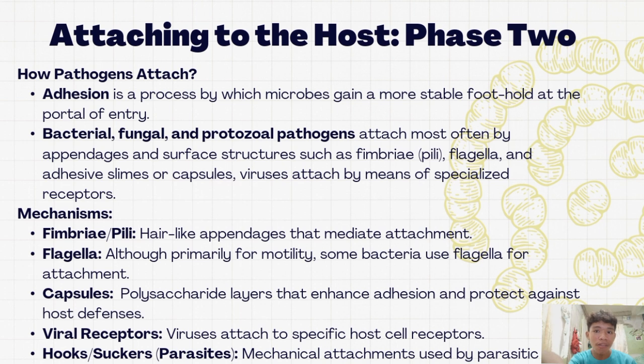So, although flagella are mainly used for movement, some bacteria use them to help them attach. And capsules are polysaccharide layers that enhance adhesion and protect against host defense. These are sugary outer layers that help bacteria stick and protect themselves from the body's defenses.